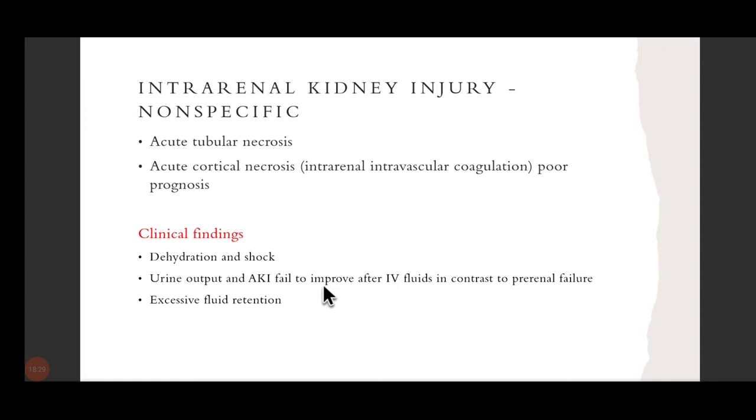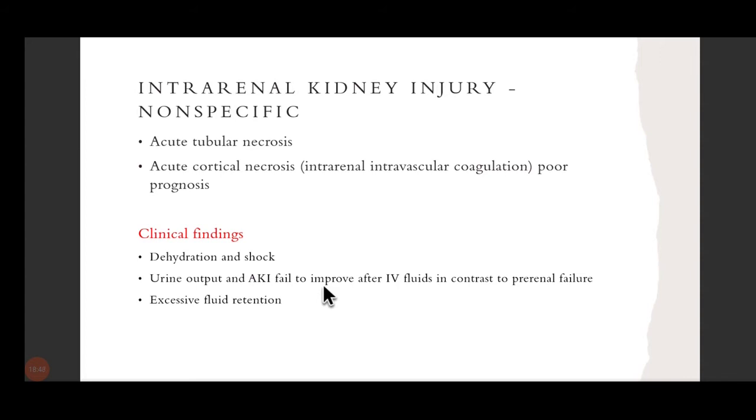Coming to the non-specific types of kidney injury, these include acute tubular necrosis and acute cortical necrosis. The latter has a poorer prognosis, which also involves intrarenal intravascular coagulation.